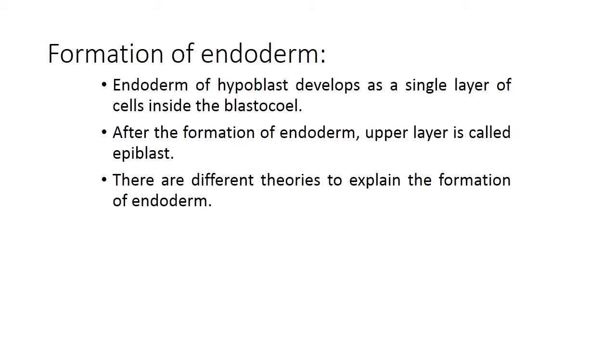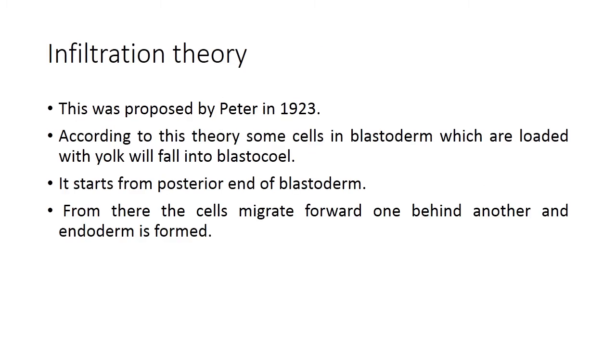There are different theories to explain the formation of endoderm. Infiltration theory was proposed by Peter in 1923. All these theories are based on how the hypoblast or endodermal layer is formed in chick. According to the infiltration theory, some cells in the blastoderm which are loaded with yolk fall into the blastocoel that is formed.